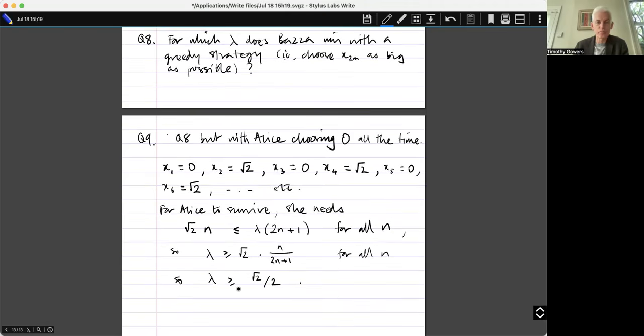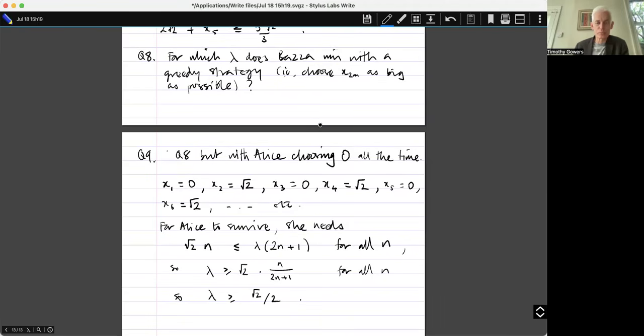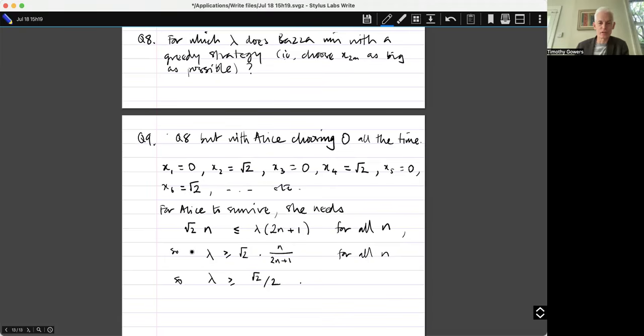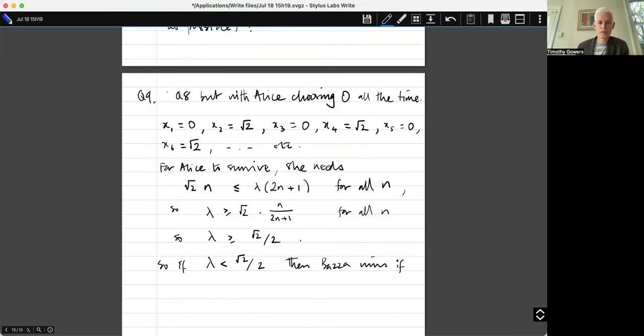Wait a minute. So question 8 was for which lambda does Bazza win? So that was for Alice to survive. So if lambda is less than root 2 over 2, then Bazza wins, if Alice plays that strategy, the 0 strategy.